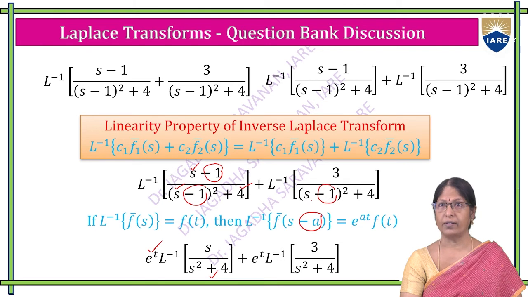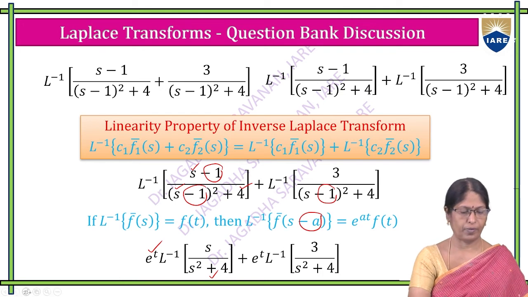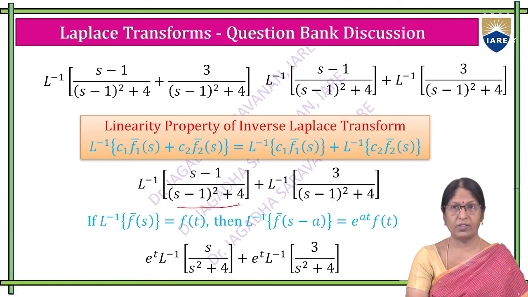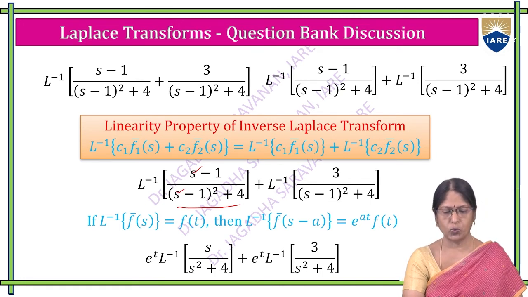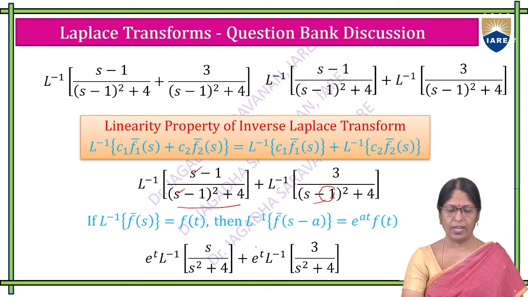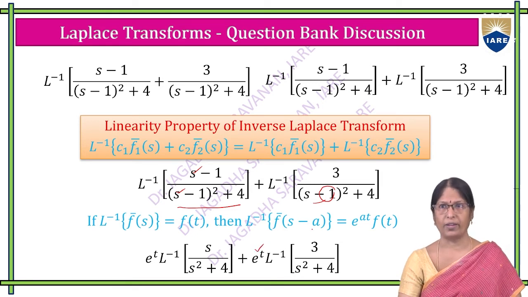The format is s minus a. In the first term, numerator as well as denominator has s, so minus 1 in the format. Whereas in the second one, there is no s term. So for the denominator, this minus 1 purpose, e power t, is applied.